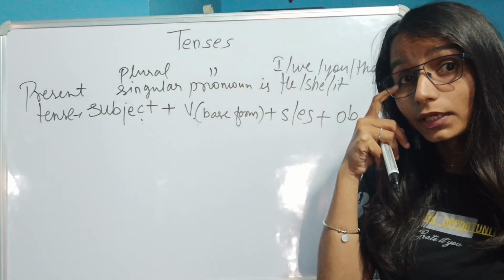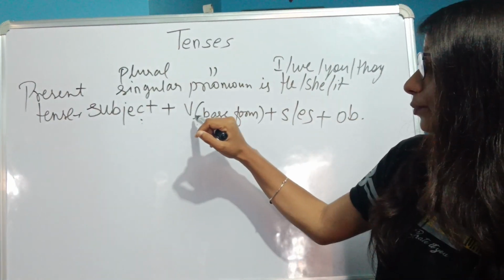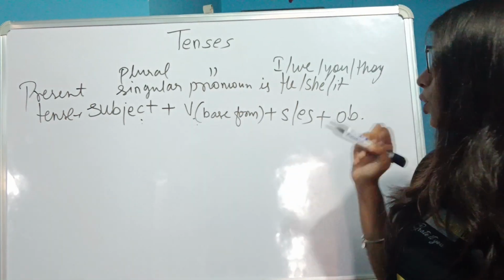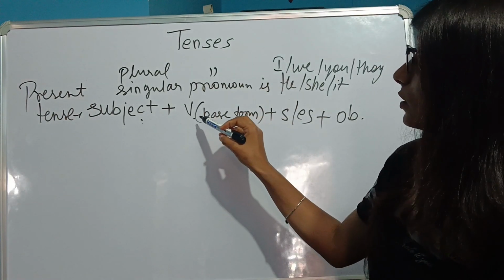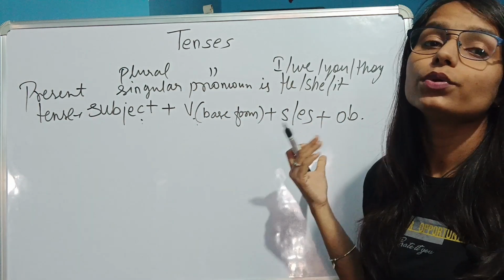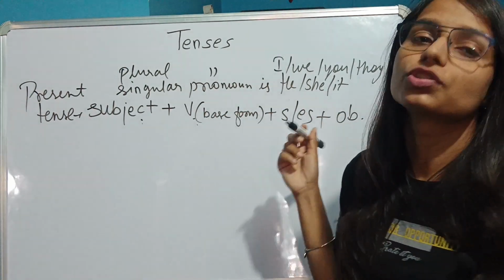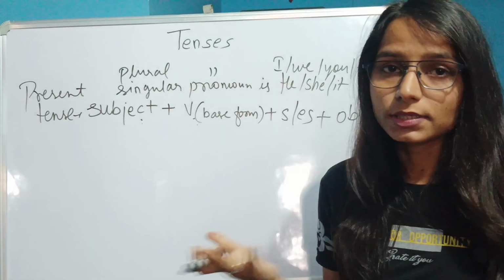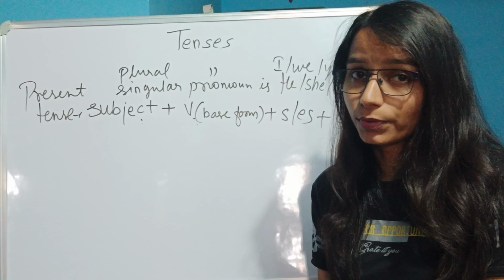When the verb is a transitive verb, then you use an object. And when the verb is an intransitive verb, you use a prepositional object. And I will talk about this in the next part of this video.